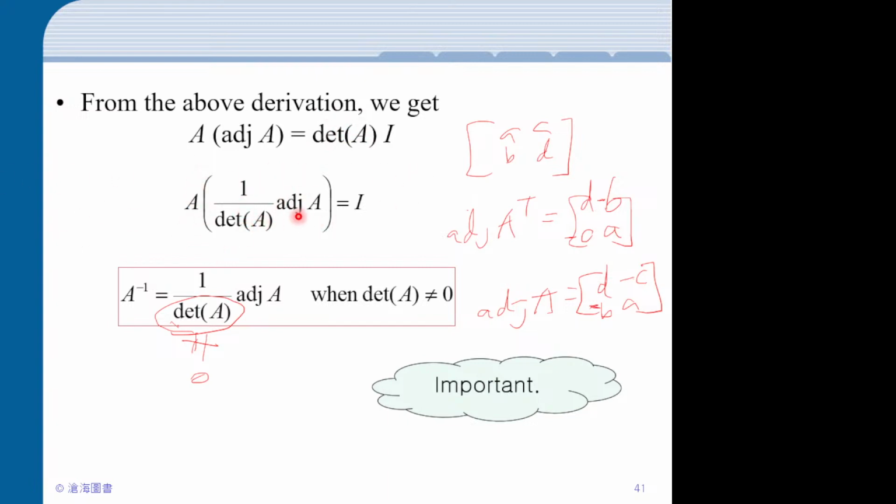So A times 1 over the determinant of A times the adjoint of A equals the identity. And that's our result: A inverse is the adjoint of A divided by the determinant of A. And you see that this formula only works when the determinant of A is not equal to 0, and that's consistent with what we said, that A inverse exists if and only if the determinant of A is not equal to 0.